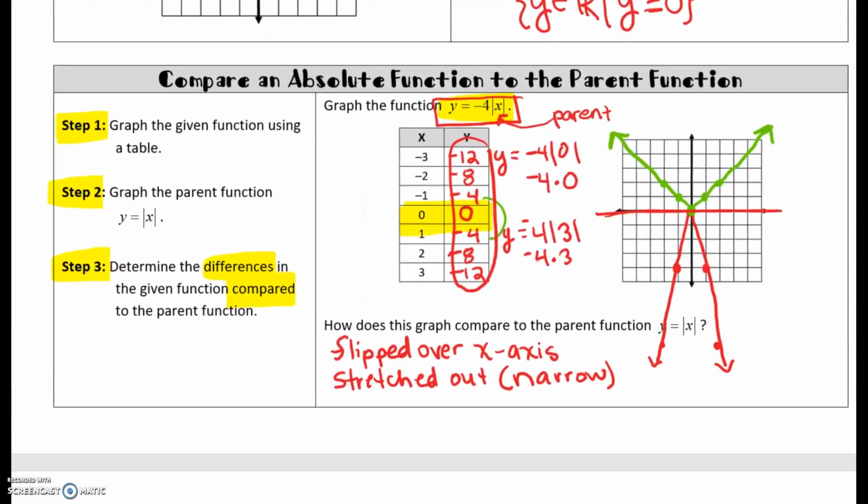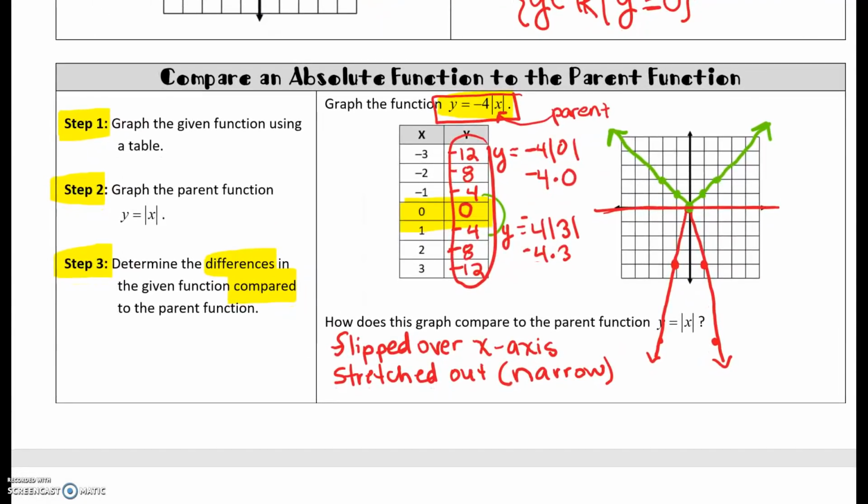So we are going to note in our notes that this got multiplied by negative 4. So let's go back over this. How is the red graph different from the green graph? It flipped over the x-axis, it stretched out and got narrow because it was multiplied by negative 4.